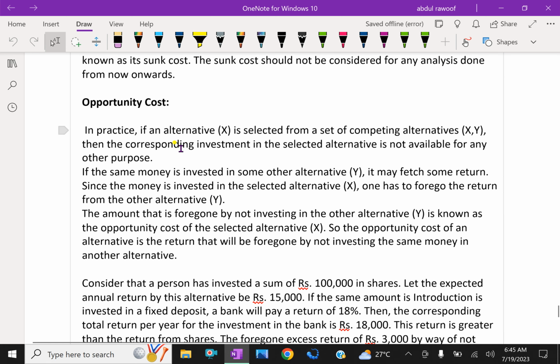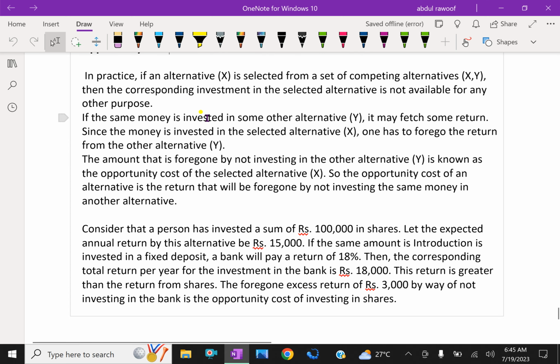Opportunity cost. In practice, if an alternative X, for example, is selected from the set of competing alternatives X, Y, then the corresponding investment in the selected alternative is not available for any other purpose. If the same money is invested in the other alternative Y, it may fetch some return.